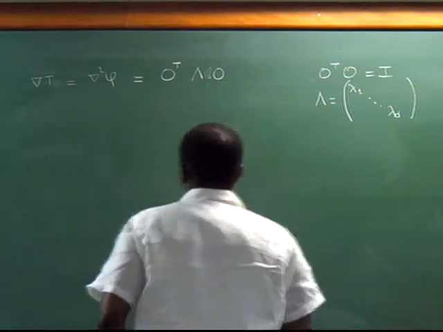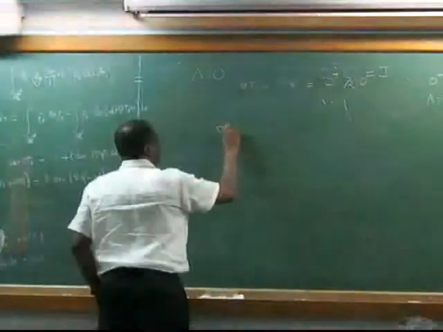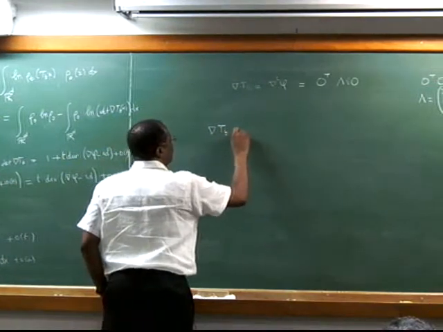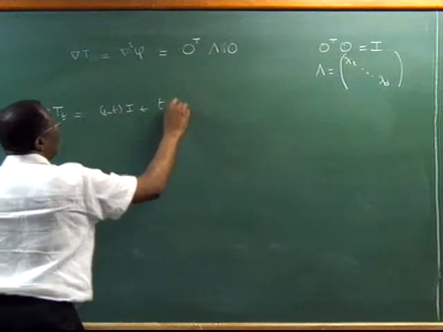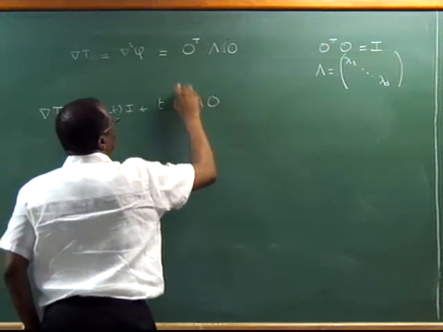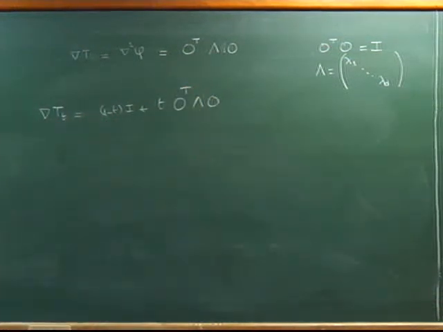Now, let us compute the gradient of T_t. This is (1 minus t) identity plus t O lambda O transpose.